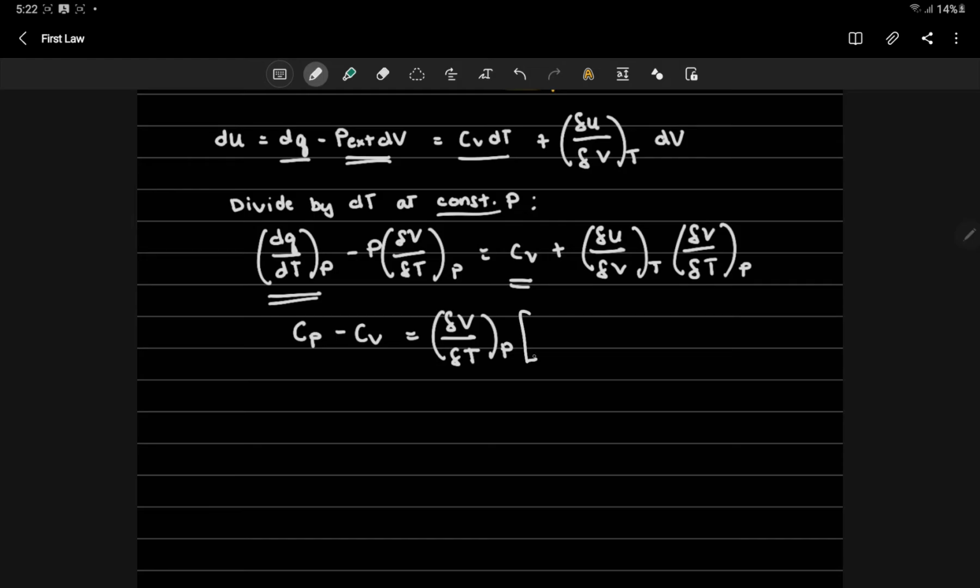Okay? So, multiplied by P, kasi naging positive, kanina negative siya, plus partial of U with respect to V at constant T. Okay? Which is this one. So, I just simplified the equation. Ganun lang yon. So, let's continue.